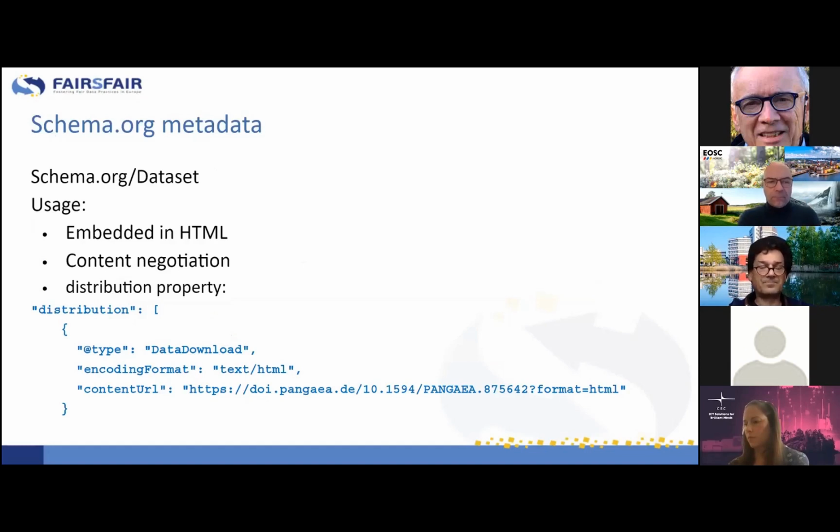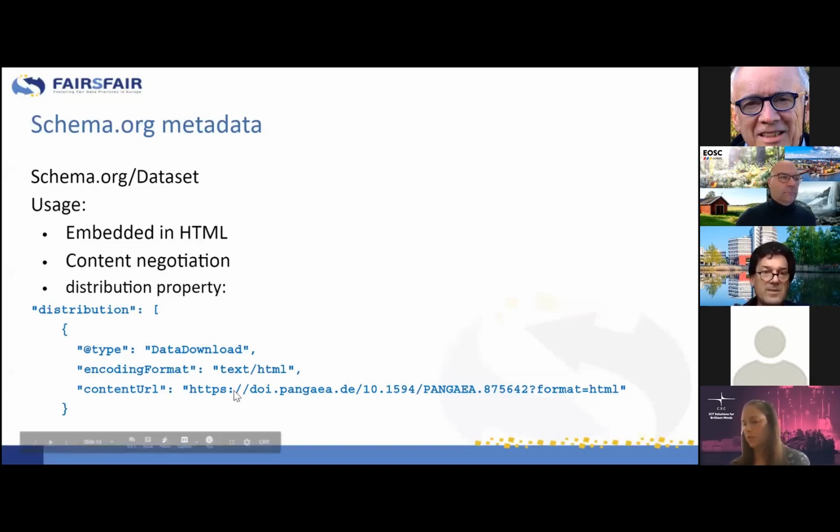This was heavily promoted by the major search engines like Google and Bing, and this is the reason why it became so extremely successful during the last couple of years, and it is very well suited to expose quite detailed metadata, including links to data objects.